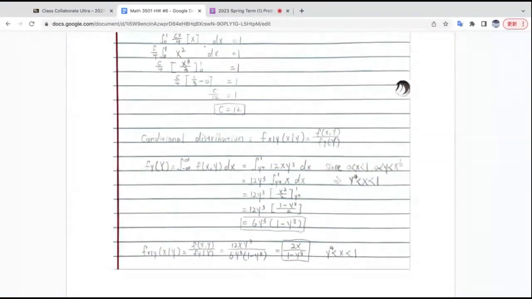Okay, so how did you get x in between y to the first power until 1? Did you draw a picture of it? No, first I wrote the answer, but I looked at the answer in the textbook.